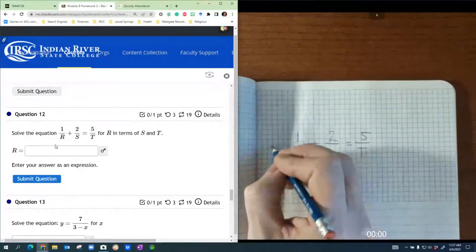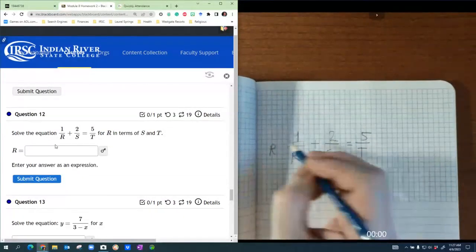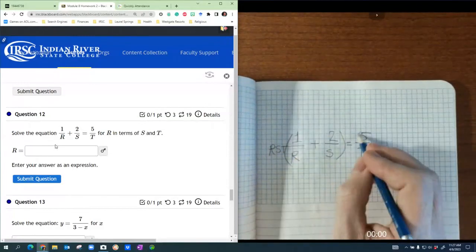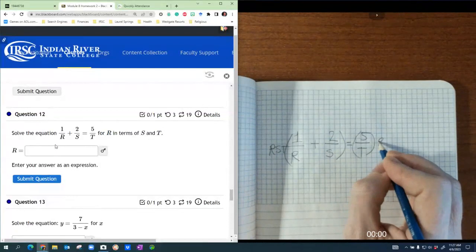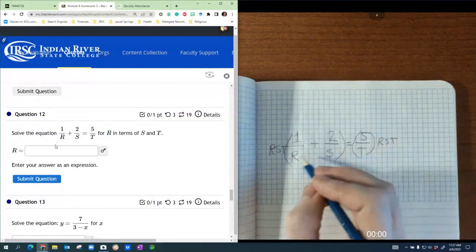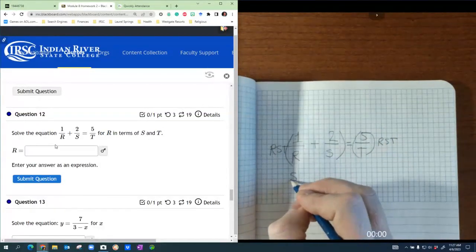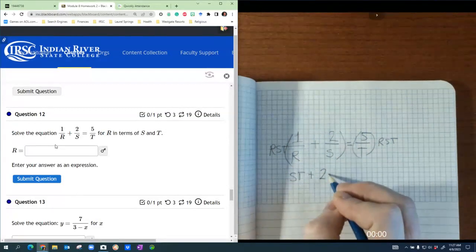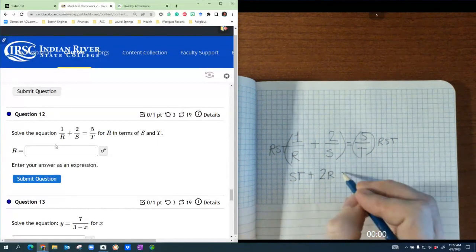So I'm going to, just like I did before in the last lecture, multiply by the LCD on both sides. So RST, when I multiply that out, I'm going to get ST plus 2 times R. And by the way, all of this is big letters.